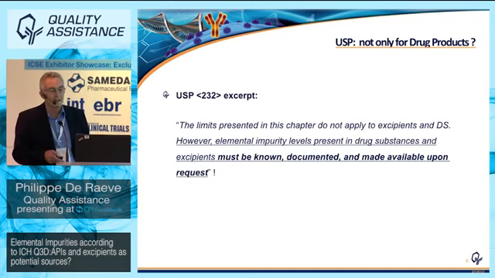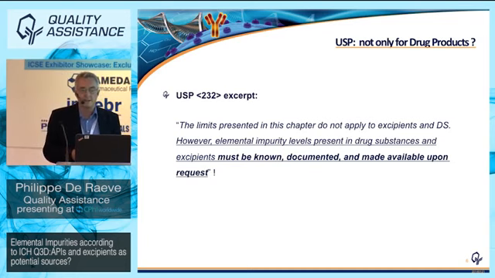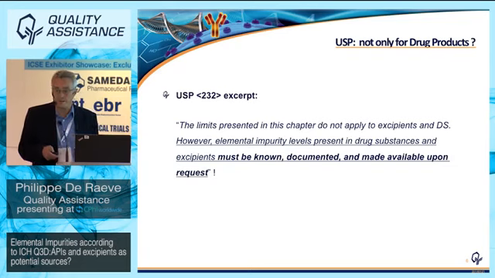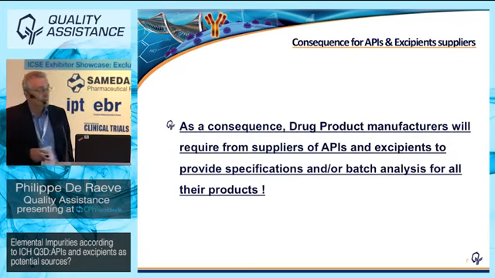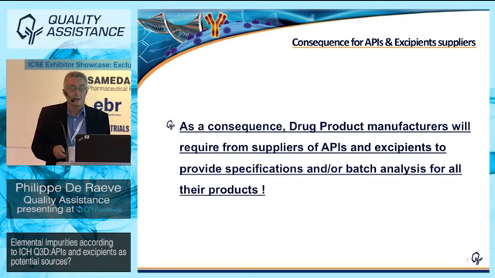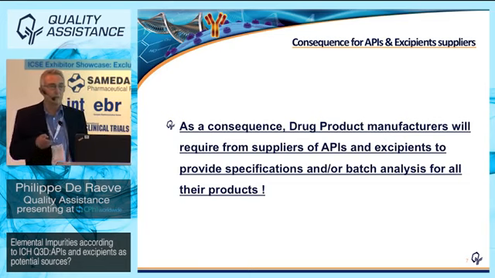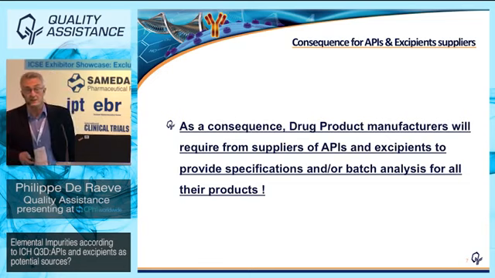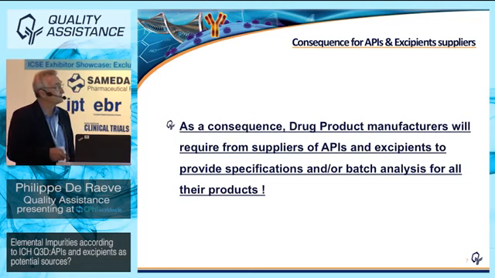However, elemental impurity levels present in drug substances and excipient must be known, documented, and made available upon request. So, as a consequence, the drug product manufacturers will require from suppliers of API and excipient to provide specification or batch analysis for all their products.